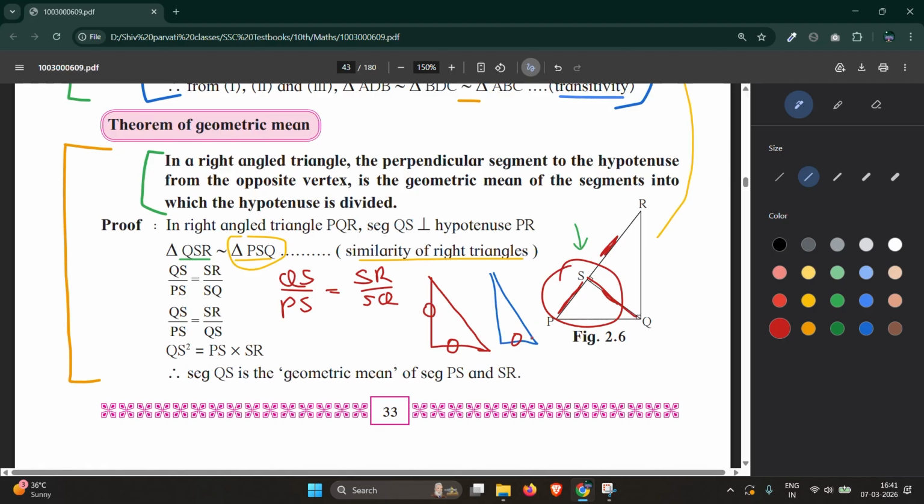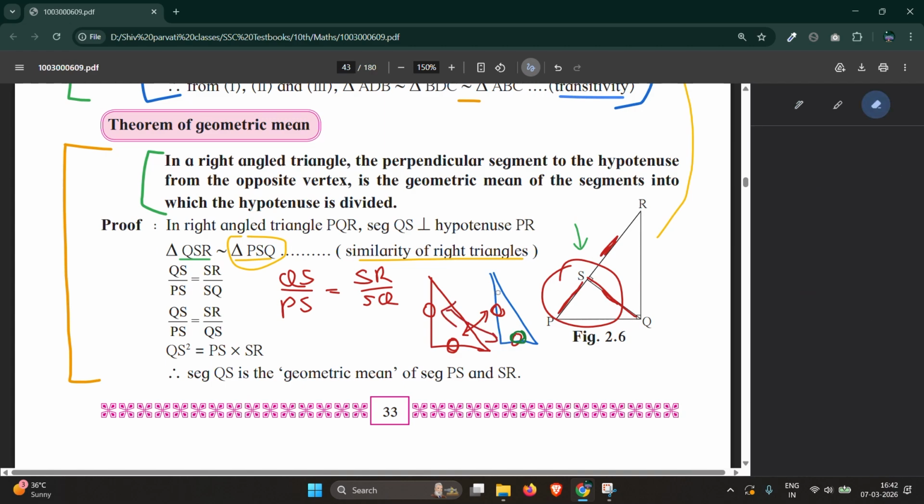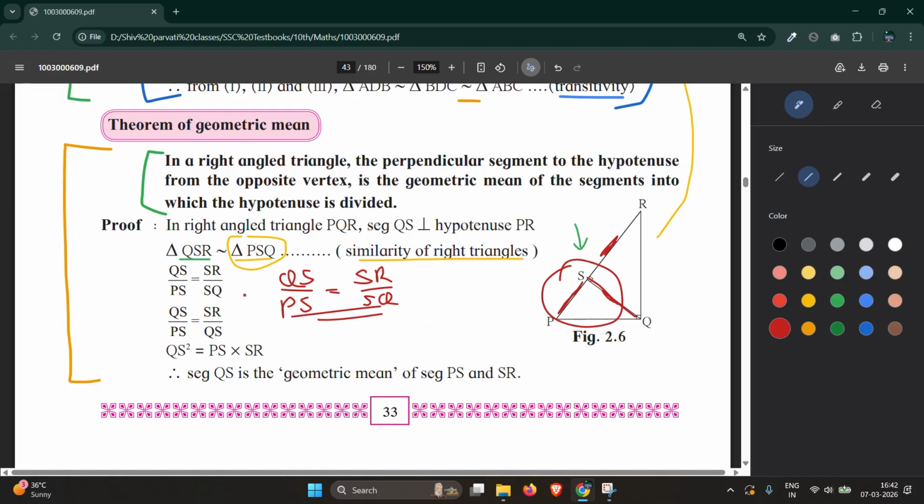We are comparing in a cross way, but that doesn't matter because they grow with the same proportion, because that is what similar triangles are. So you can take these comparisons, and again you can take the other comparisons as well. So again QS upon PS is also equal to SR upon QS.